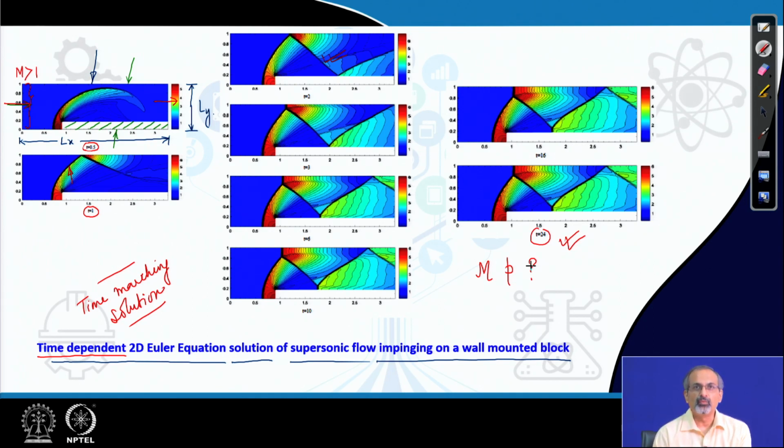You can watch these pictures, appreciate how the wave patterns have formed over time by solving 2-dimensional Euler equations in unsteady form, and then try to argue what kind of contours these are, what variable has been plotted over here.